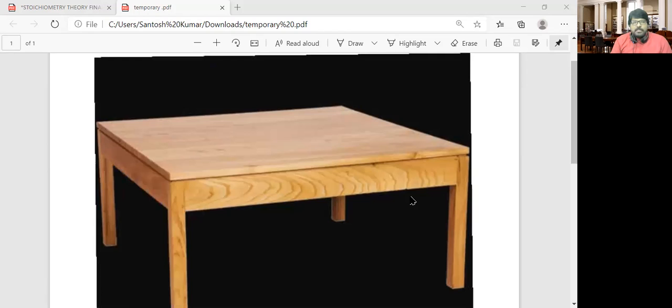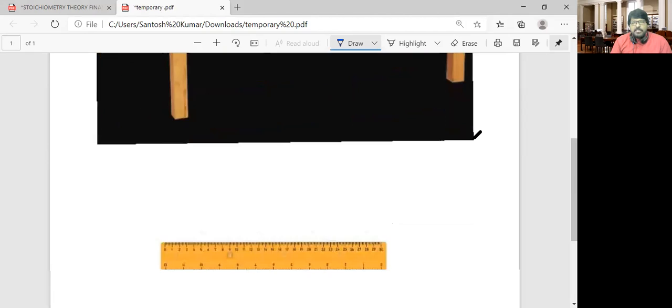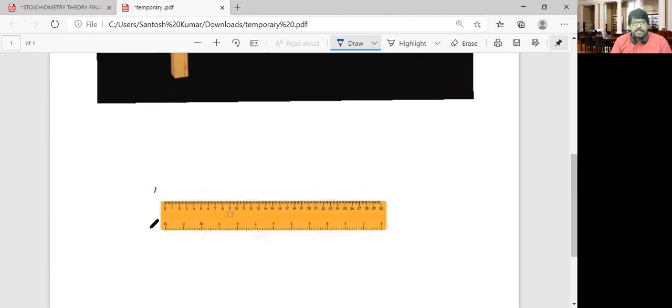Here we have a table, and we need to measure the length of this table. In order to measure it, I'm using a device, a standard scale.